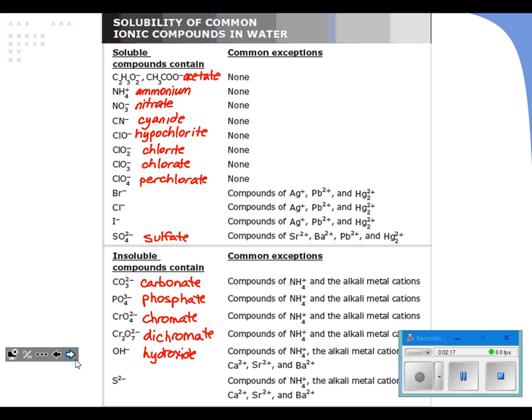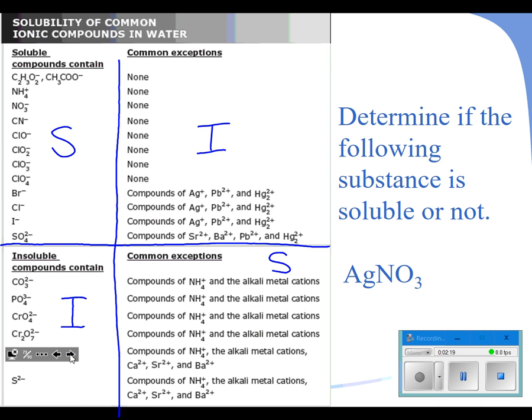Okay, so when we look at this, we can divide it into these are soluble, but if you come over here, this would mean that that's an exception, so it's insoluble, meaning it won't dissolve. And then these are insoluble, but these over here, since there's exceptions, would be soluble. Insoluble means it doesn't dissolve, which would mean it becomes a precipitate.